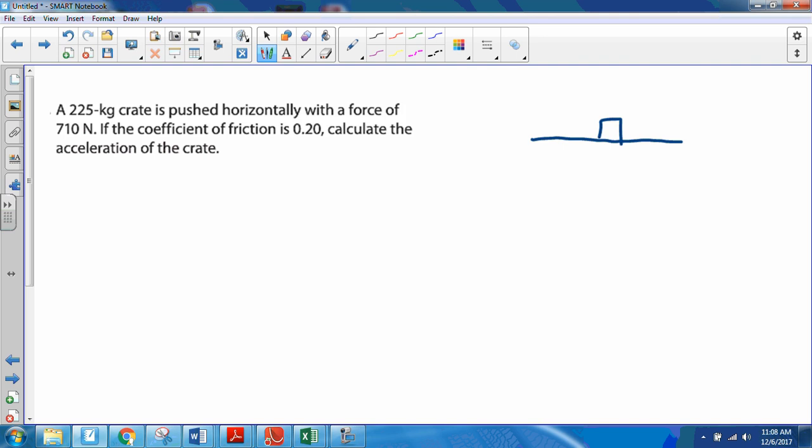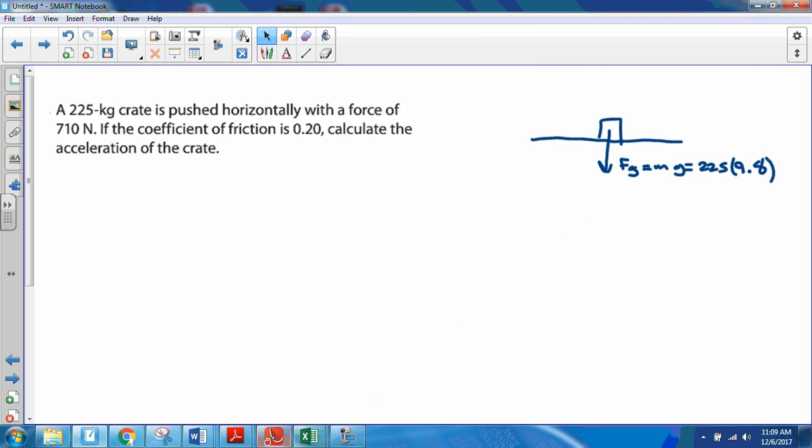Okay? So if you've got a nice flat surface that a box is sitting on, and you're on the planet Earth, what kind of force are we going to have? Gravity, and it's going to pull you down. Fg, which is equal to mg, which in this case is equal to 225 times 9.8.